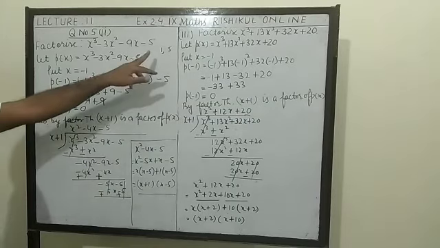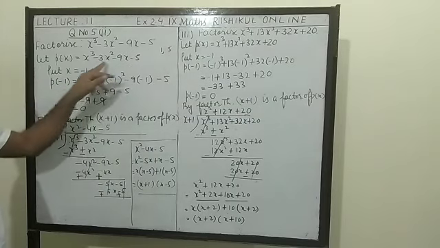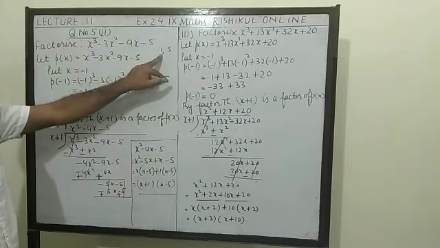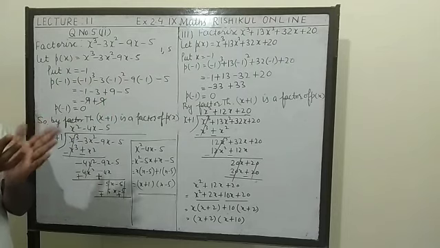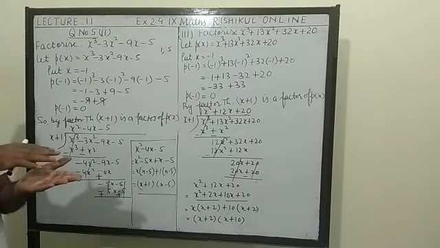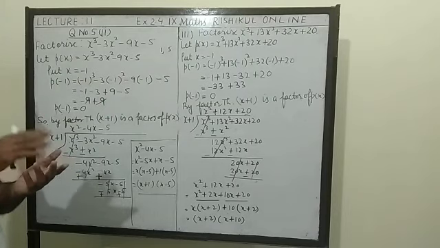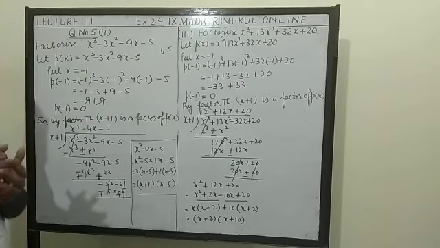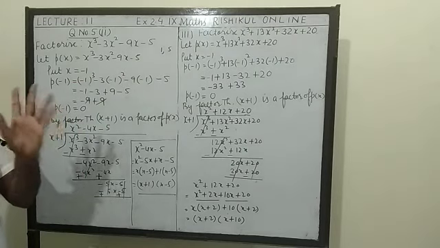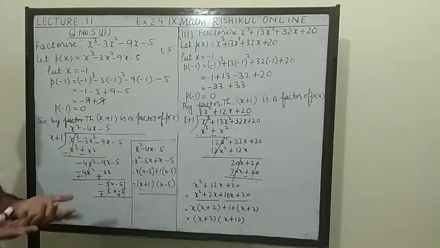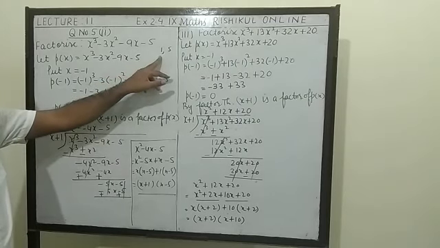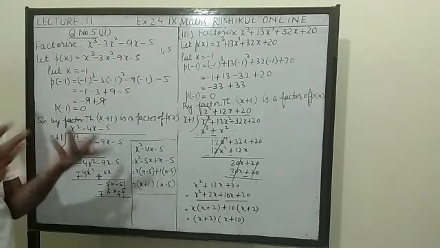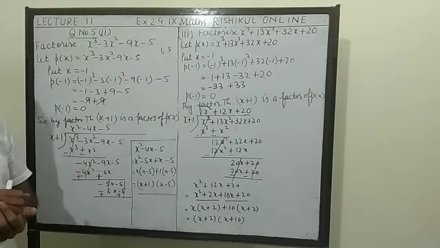First of all, you put this factor 1 in place of x, and if after putting it the remainder becomes 0, then x minus 1 is a factor. If it is not equal to 0, then you put the next number, minus 1, and if after putting minus 1 it becomes 0, then x plus 1 is a factor.